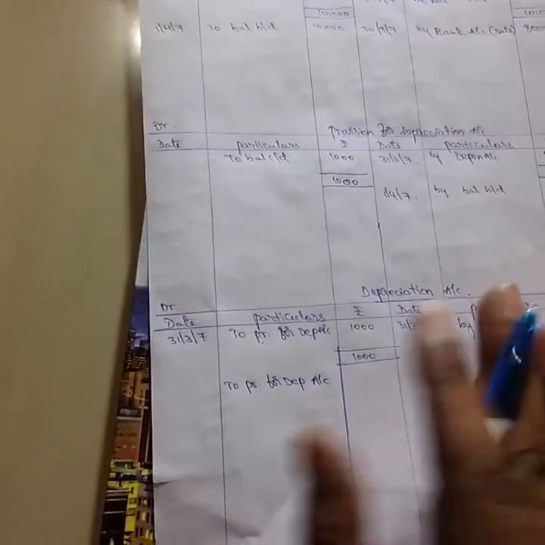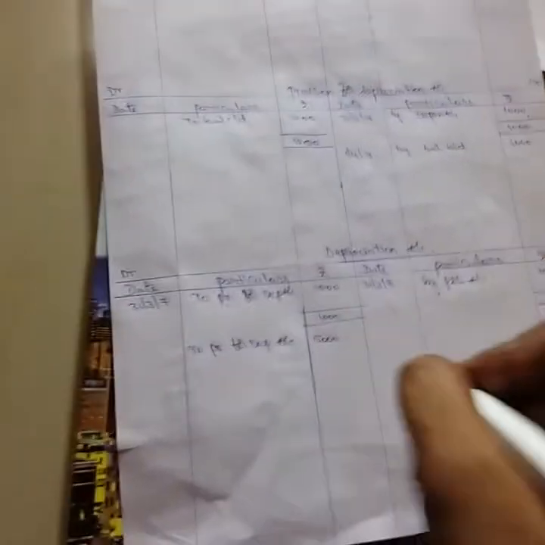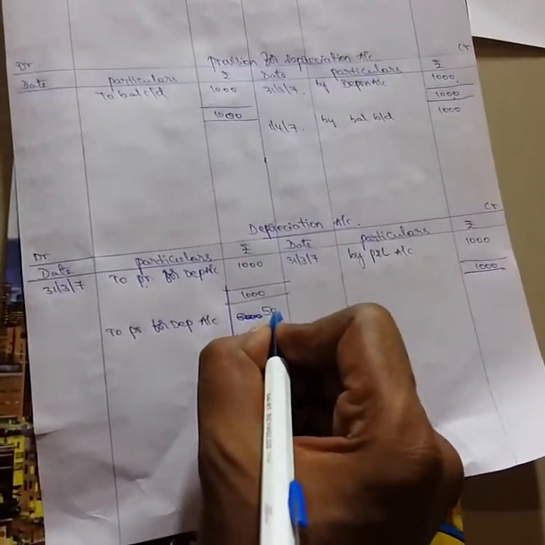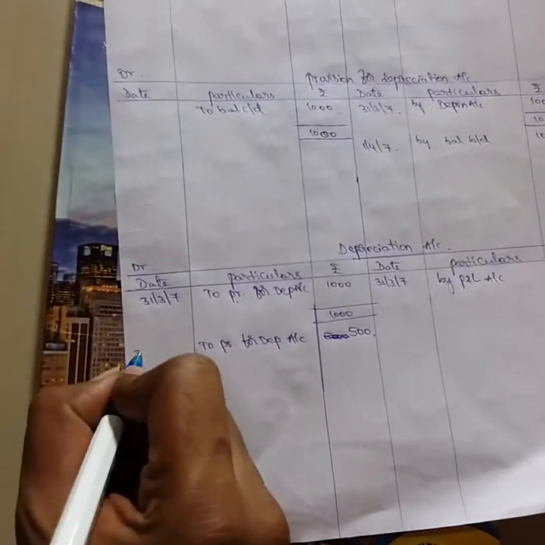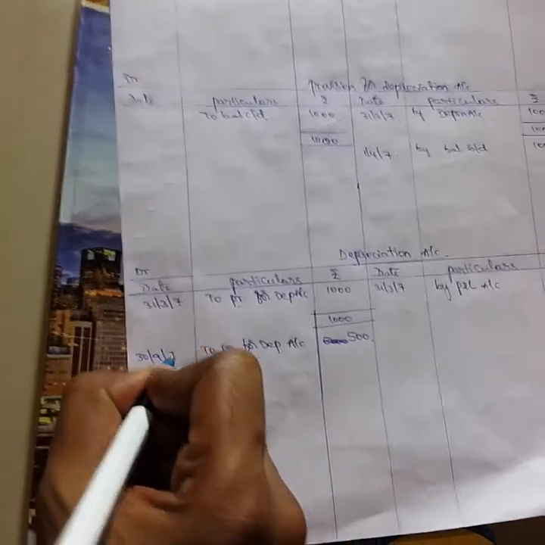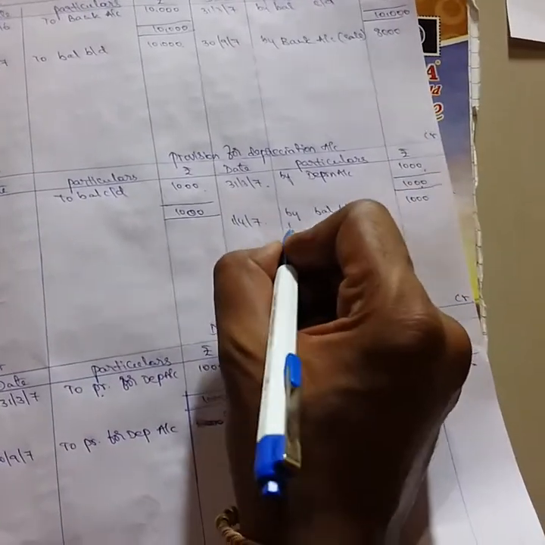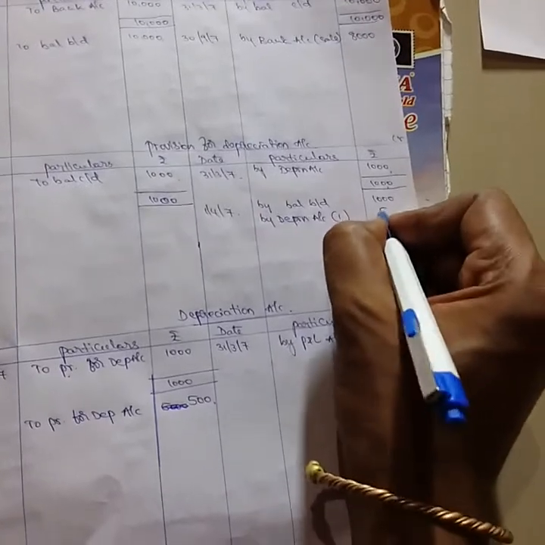We used this asset for 6 months, so 6 months depreciation will be 500: 10,000 into 10% into 6/12 is 500. 500 should be charged on the selling date, 30th/9/2007. Depreciation account debit, provision for depreciation account credit by depreciation account. So this is asset number 1, 500.